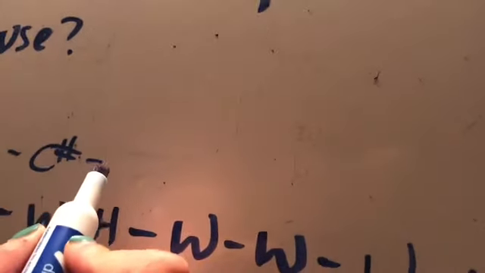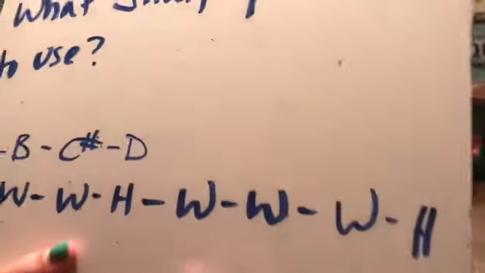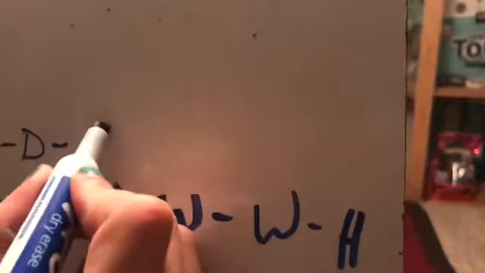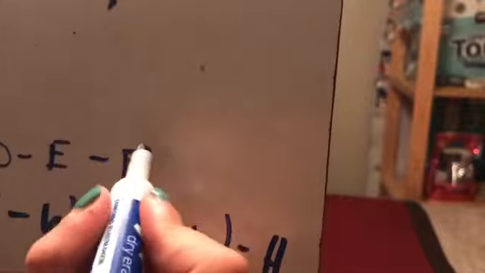A half step from C sharp is D. A whole step from D is E. A whole step from E is not F, because from E to F there's no black key in between, so I need to create that sharp. E to F sharp. F sharp to G sharp is our next whole step. G sharp. And then the half step from G sharp is A.